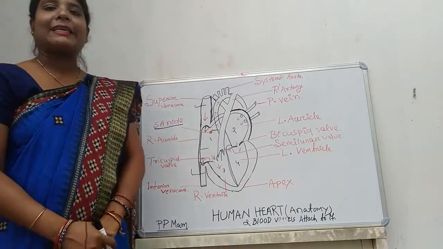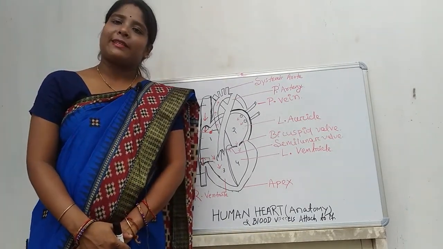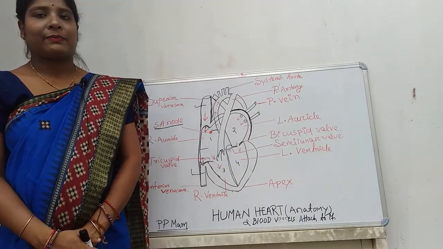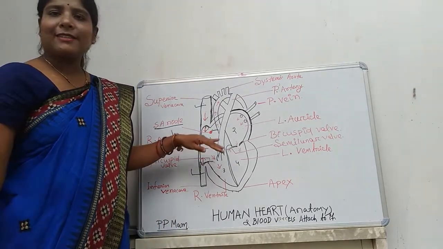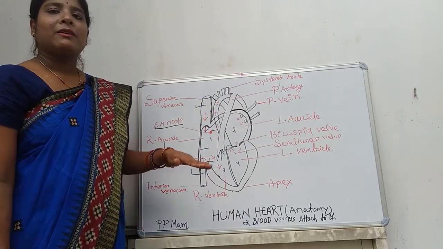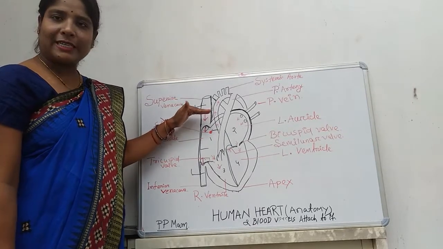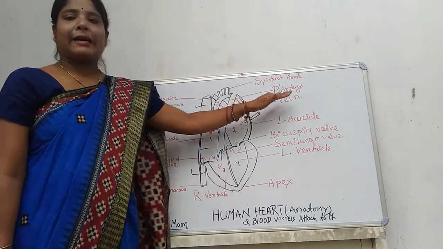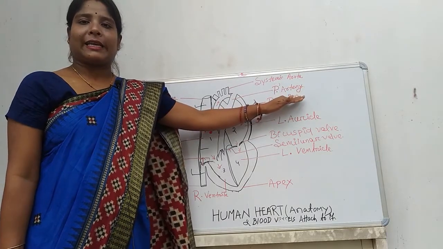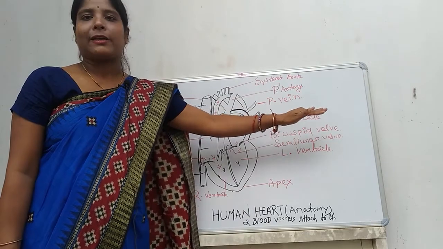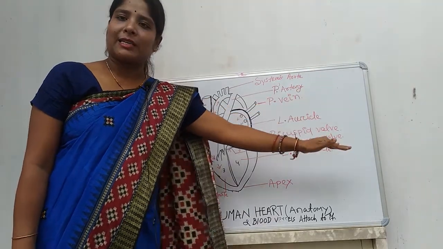Now we will see the different blood vessels associated with the human heart. The blood vessels such as the superior vena cava and inferior vena cava bring the deoxygenated blood to the heart. Now the pulmonary artery is the exceptional case. The pulmonary artery carries the deoxygenated blood from the heart to the lungs.